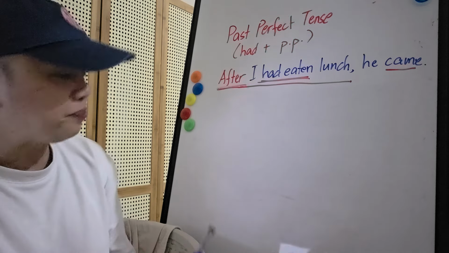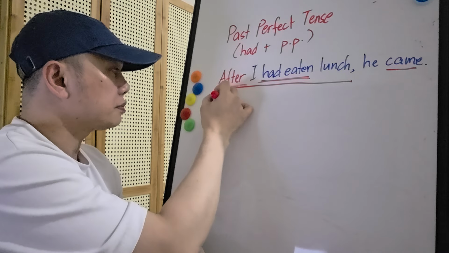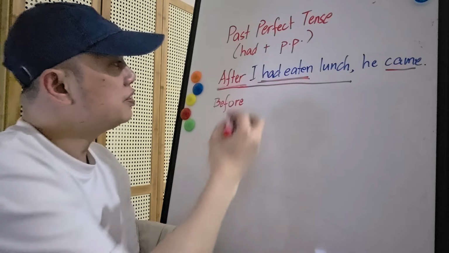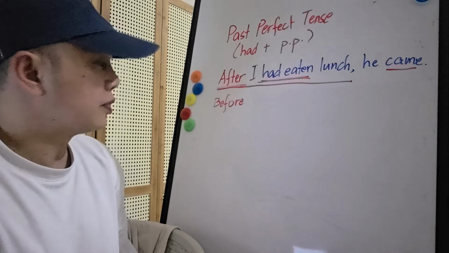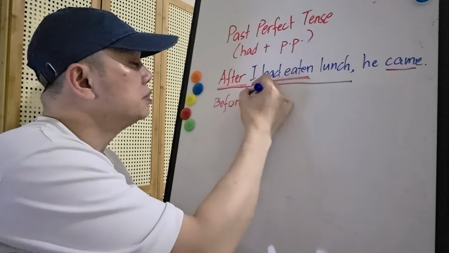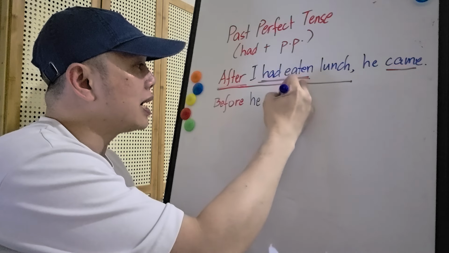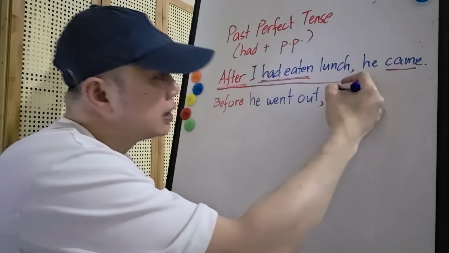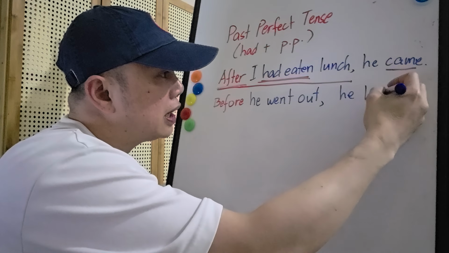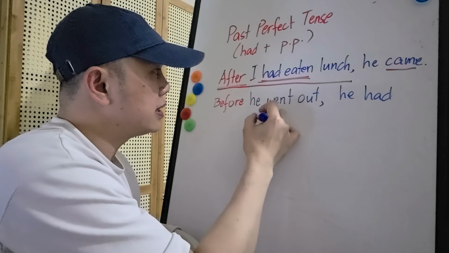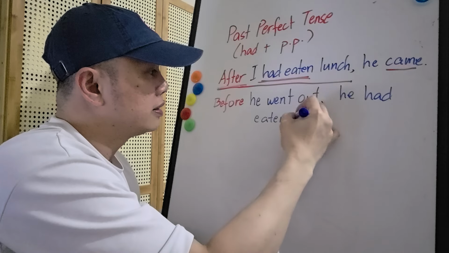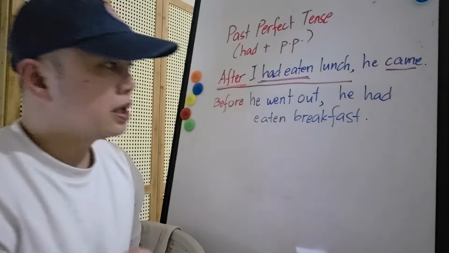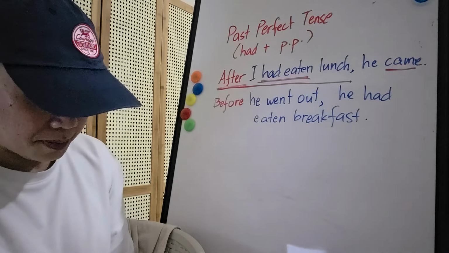And let's have another temporal conjunction: before. Before he went out, he had eaten breakfast. So which one is the first action?